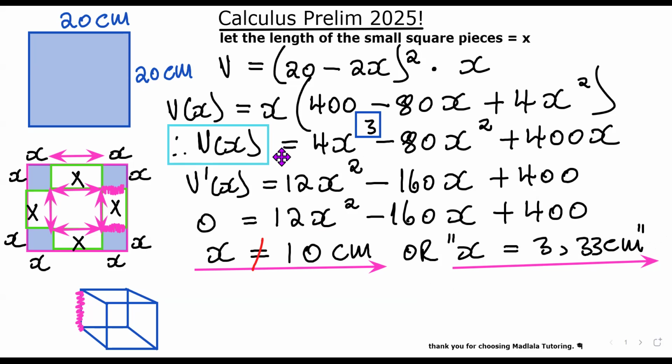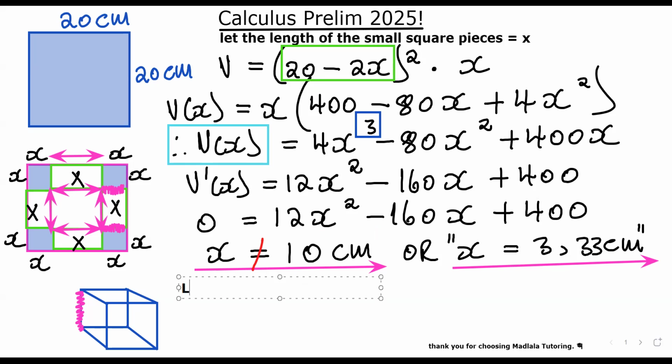Well, now we need to find the length of the base. Yes, the length of the base, which is this one, because it's a square, so it's the same thing. I mean, the lengths are the same in a square.